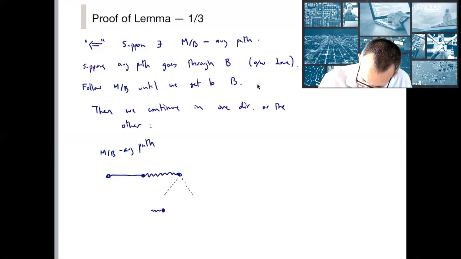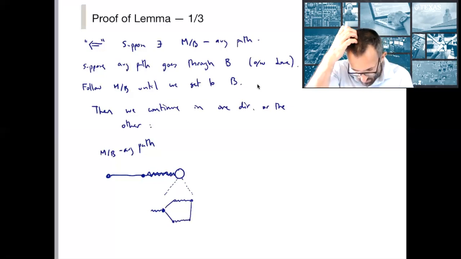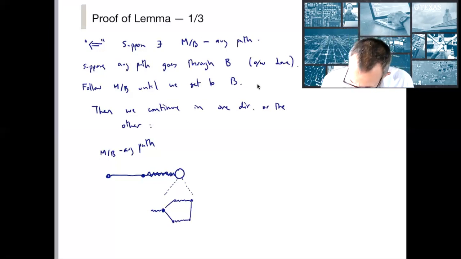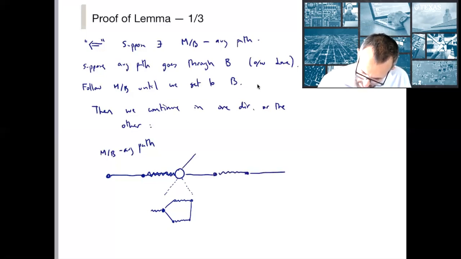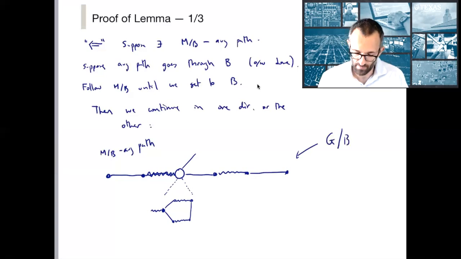Let me make it bigger. Here's my node. I'm making it big on purpose so that you can see that it corresponds to my collapsed blossom. I'm really just drawing the picture from before, but now I'm drawing the augmenting path. Okay, so here we are. This is in the contracted graph. This is an example.